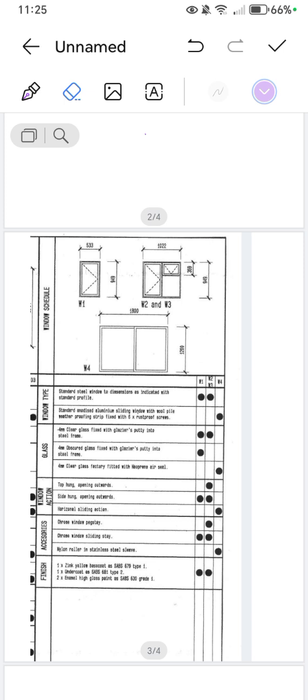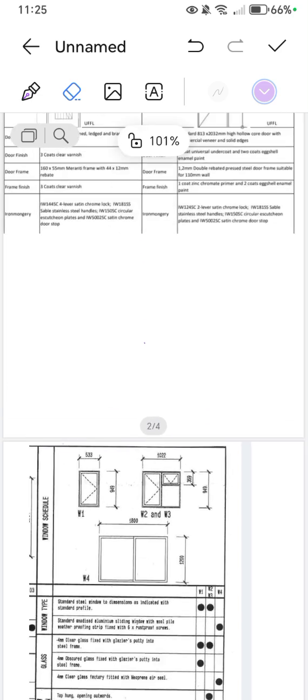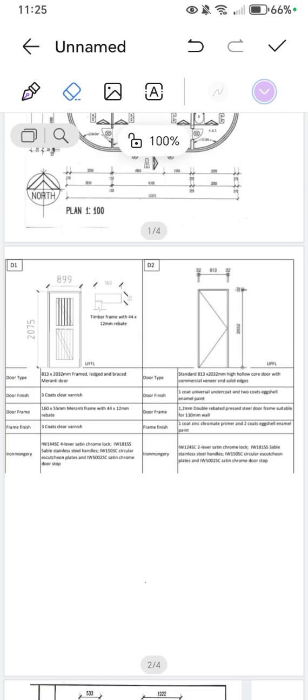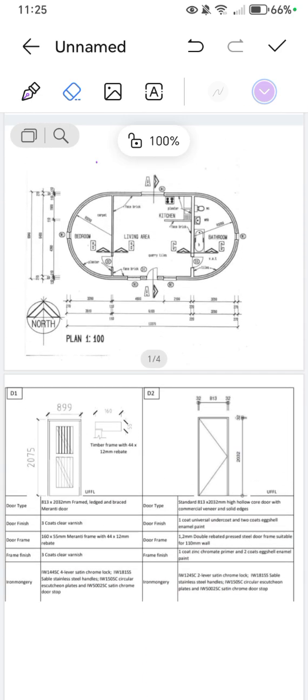So basically that's all the information that's required on the windows and doors. But at most, if you're having a drawing like this, they are going to give you a full window schedule for you to be able to do your wall calculations.